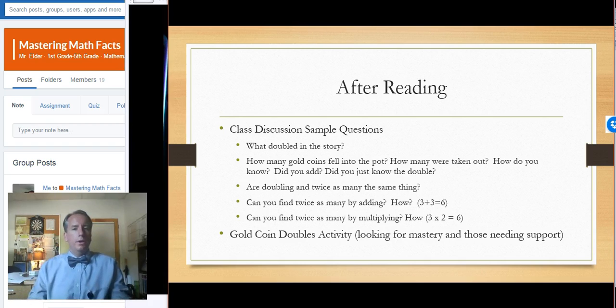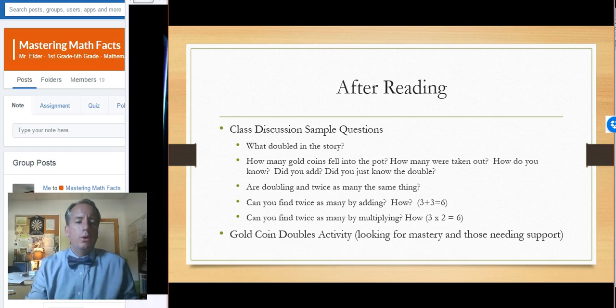Maybe actually having five coins or 5 2-color counters. And then how do we connect that? Over time we're going from, can we make twice as much by adding, to, can we make twice as much by multiplying? And noticing how those two number sentences relate, but they look a little different.